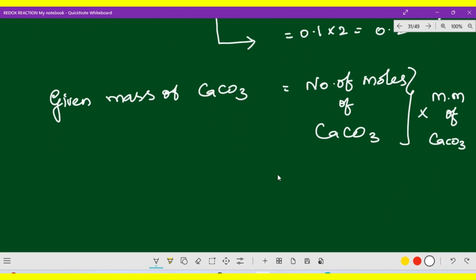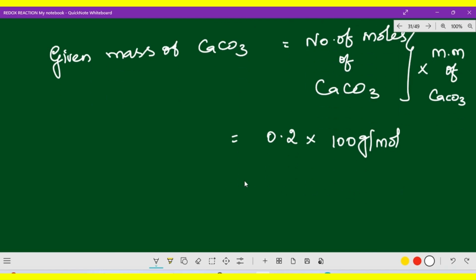So here the number of moles of calcium carbonate, just now found from the balanced equation, is 0.2, into the molecular mass of calcium carbonate, which you know very well is 100 gram per mole. So what is the answer? Given mass of calcium carbonate is 20 gram.